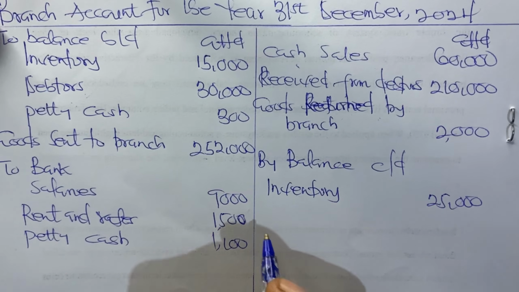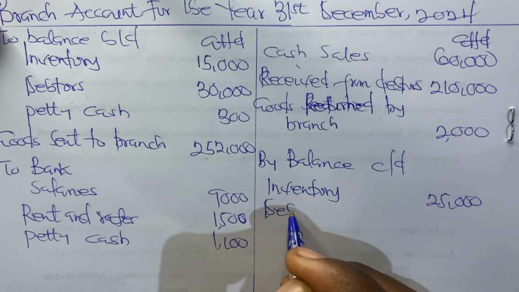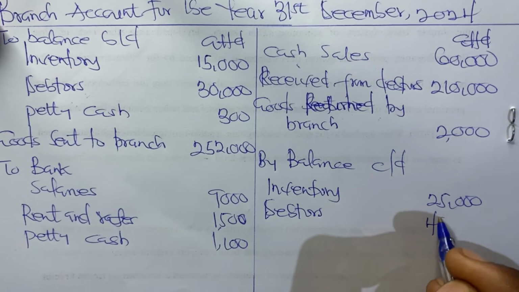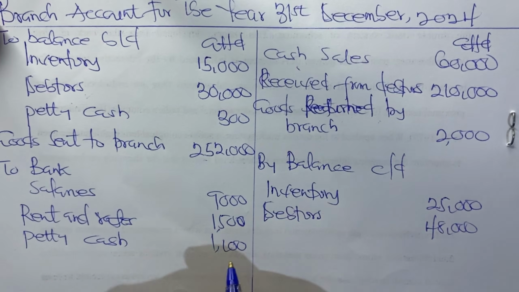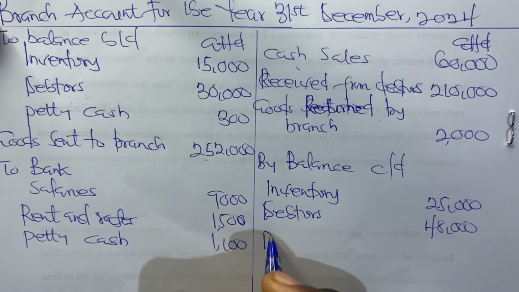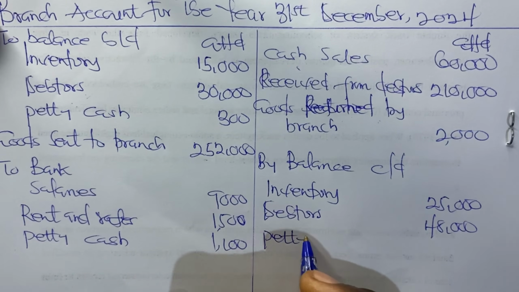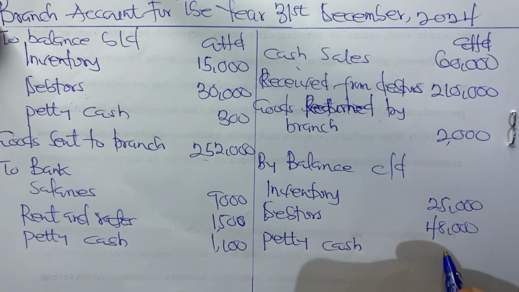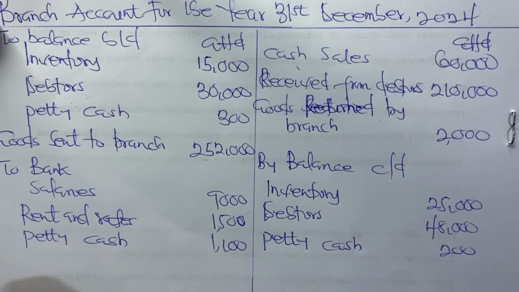Then we have debtors. The debtors balance is 48,000. Then we have a petty cash. The petty cash is just 200 cedis.